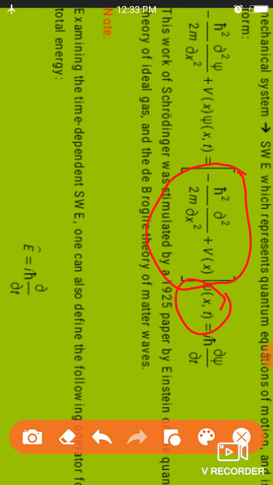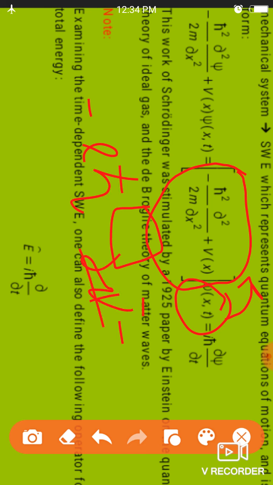What is psi(x,t)? Psi(x,t) is the state function or wave function of the system. When the psi function is operated on by the operator, then a value comes out, and this value is equal to iota h cross del psi upon del t.